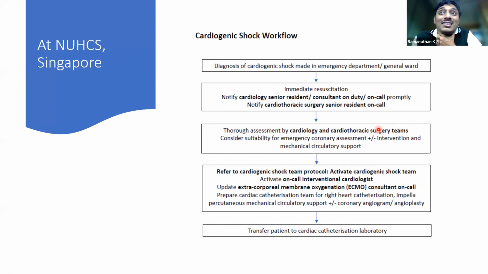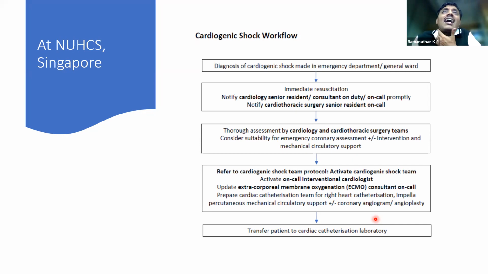as well as notification of the rest of the team immediately on the spot, and essentially activation of not just the cath lab, but also the ECMO team, the Impella team, and the interventional cardiology team, simultaneously. It's a 3 or 4-pronged approach to the deteriorating patient in the cath lab.